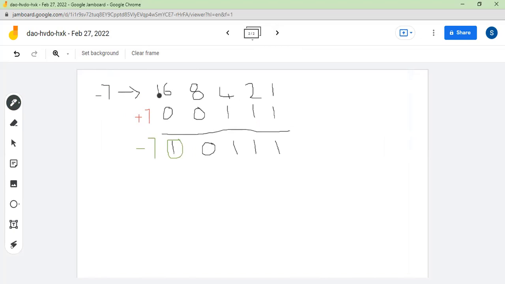For the place value of 16, you make it 0. For 8, it is 0. For 4, 2, and 1, it comes down to 1, 1, and 1. So now if it is -7, the MSB becomes 1, and the following numbers will be the same, which is 1, 0, 0, 1, 1, 1 in total: 1 0 1 1 1.